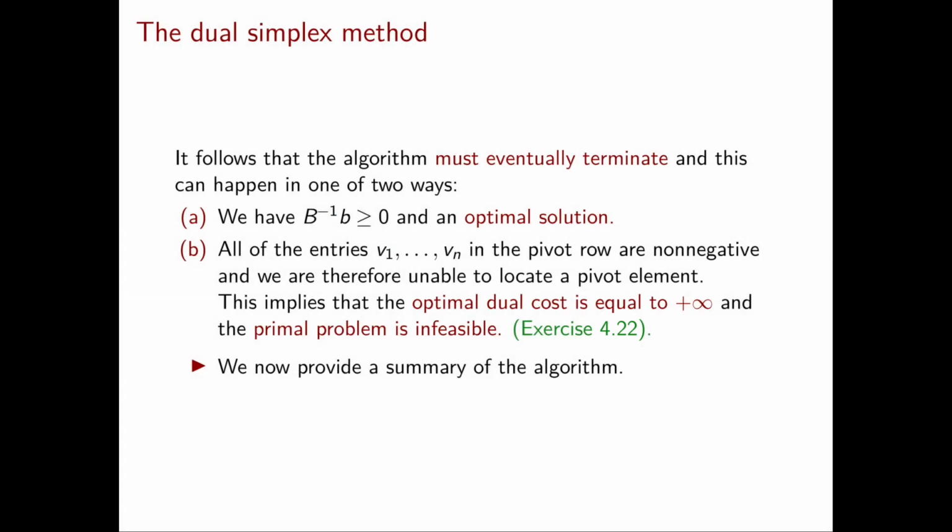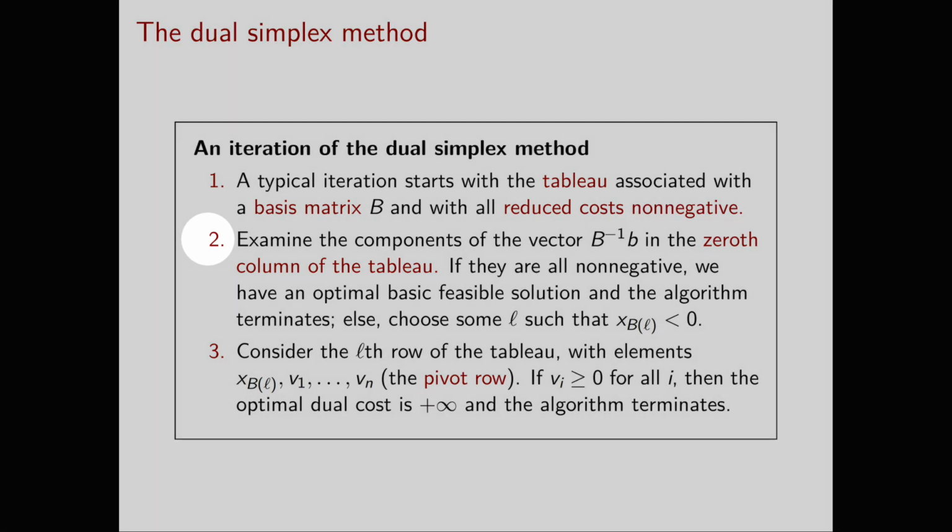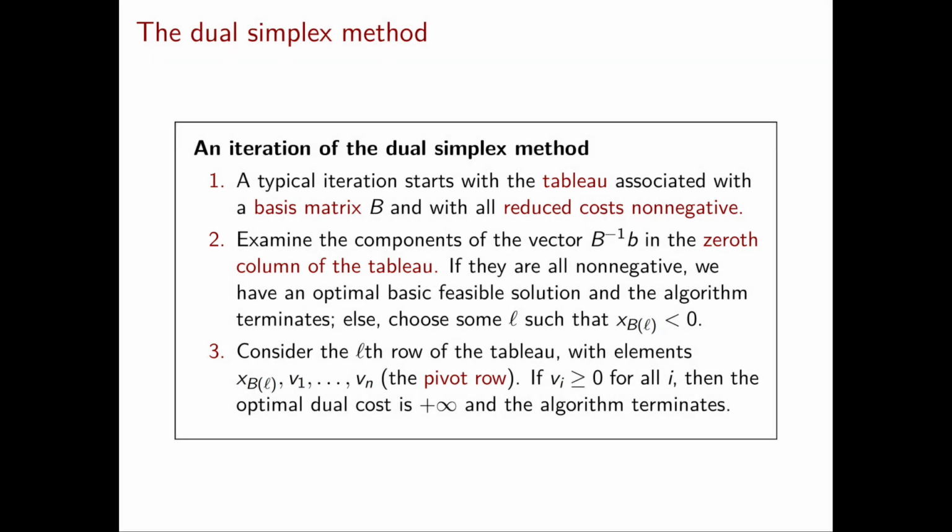We're now ready to provide a summary of our dual simplex method. In a typical iteration, we start with the tableau associated with the basis matrix B and with all reduced costs non-negative. Next, we examine the components of the vector B^{-1}b, which are the entries in the 0th column of the tableau.